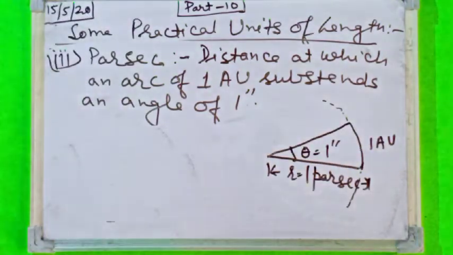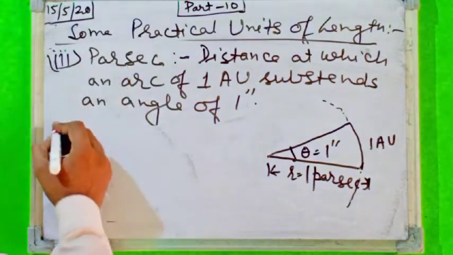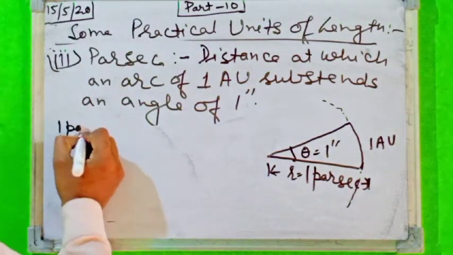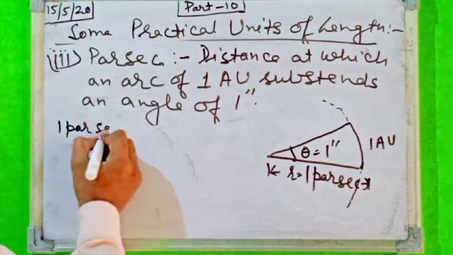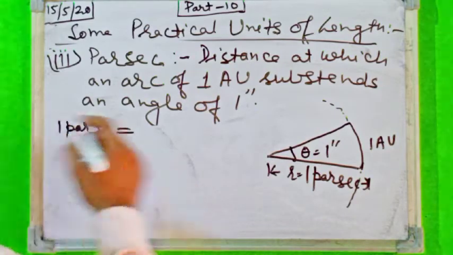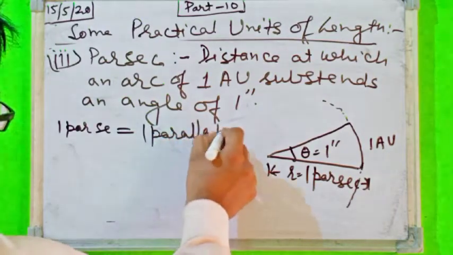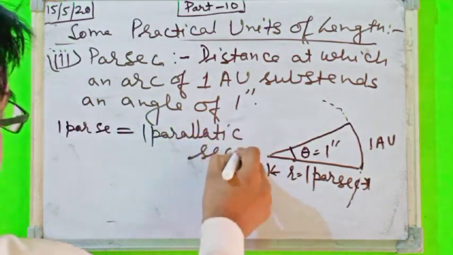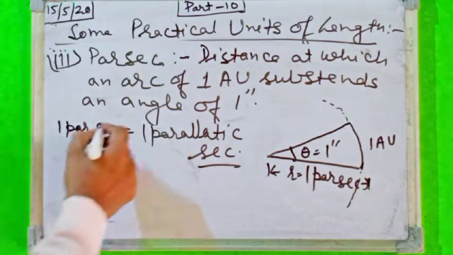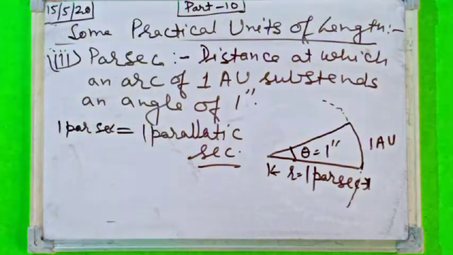This is called 1 parsec. It is an abbreviation: 1 parsec is equal to 1 parallactic second.